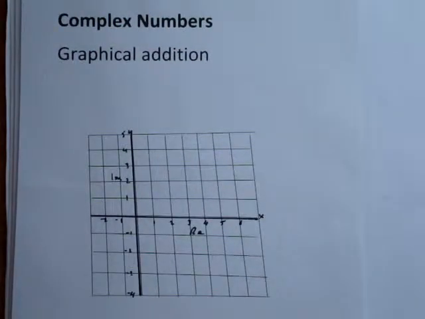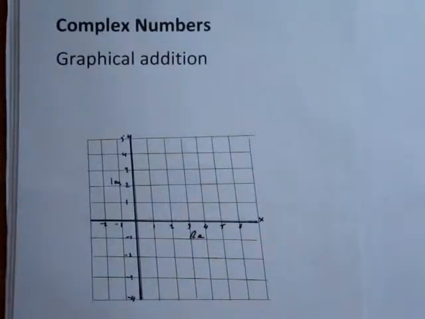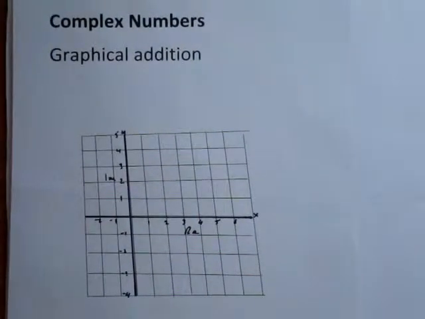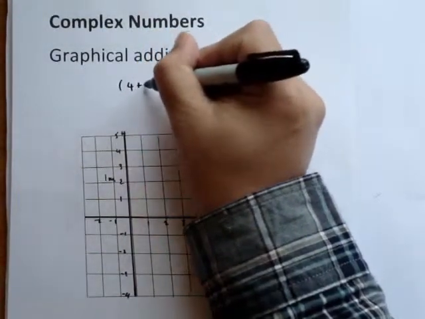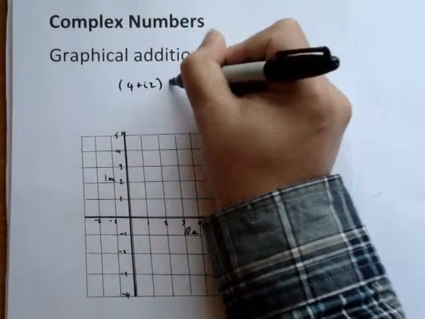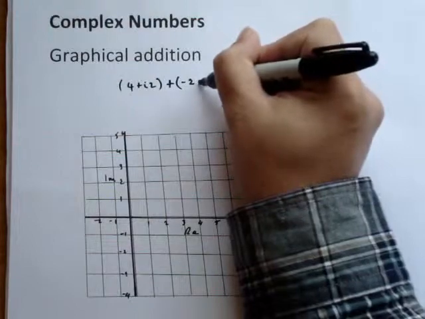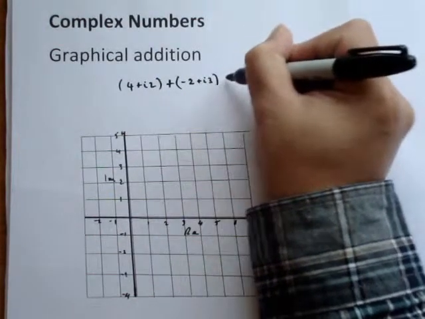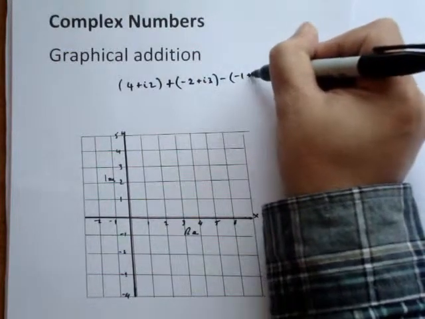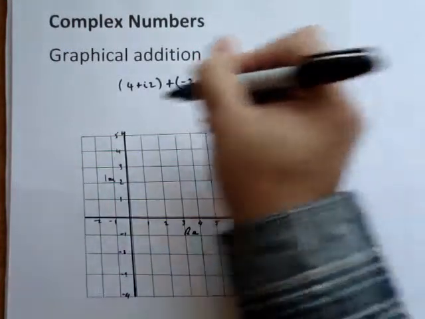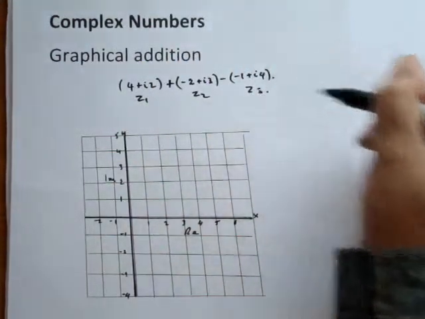Okay, let's now put what we've learnt into practice by doing a slightly more complicated graphical addition of complex numbers. So we'd have 4 plus I2, plus minus 2 plus I3, minus 1 plus I4. So this is Z1, this is Z2, and this is Z3.